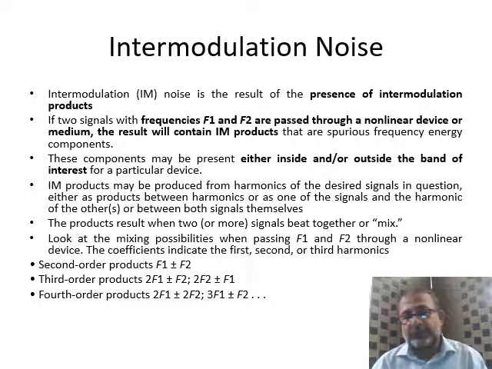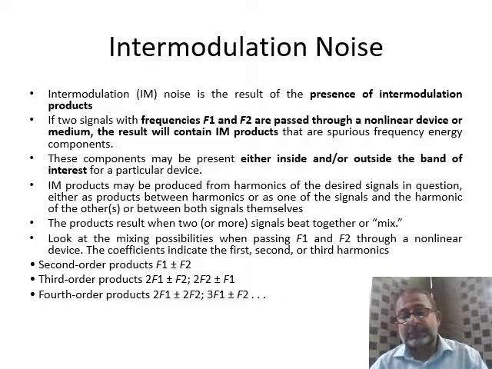First order products are themselves F1 and F2 separately. Second order products would be F1 plus F2 or F1 minus F2. Third order would be 2F1 plus minus F2 and 2F2 plus minus F1. Fourth order would be 2F1 plus minus 2F2 or 3F1 plus minus F2.